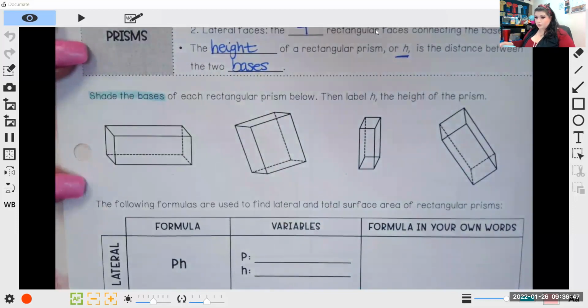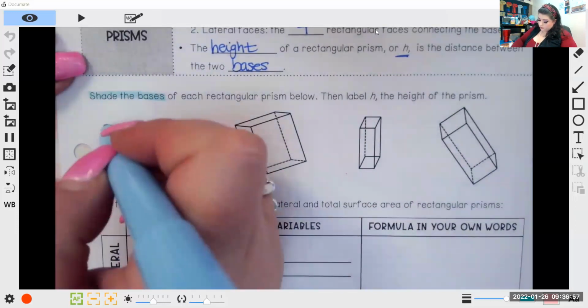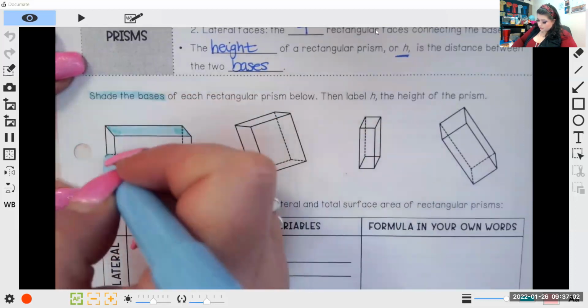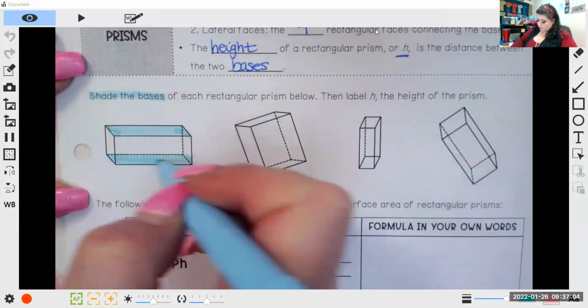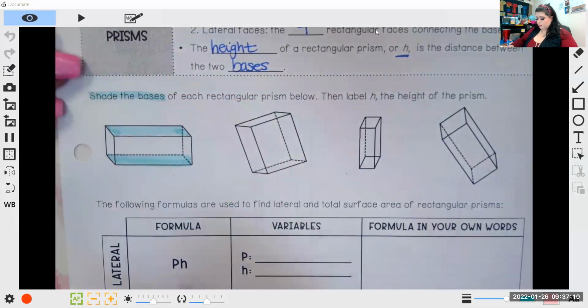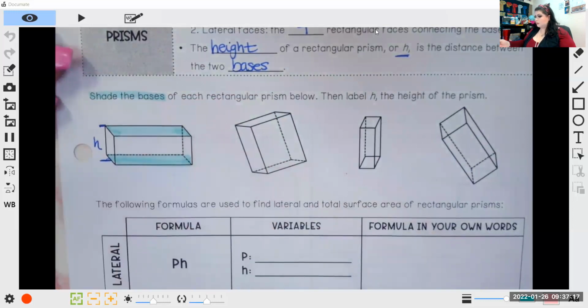Remember, your base is going to be the top and the bottom, right? Top and the bottom. So here I'm going to highlight this as my base and down here as my base. And height is base to base. So I can label height here from base to base.